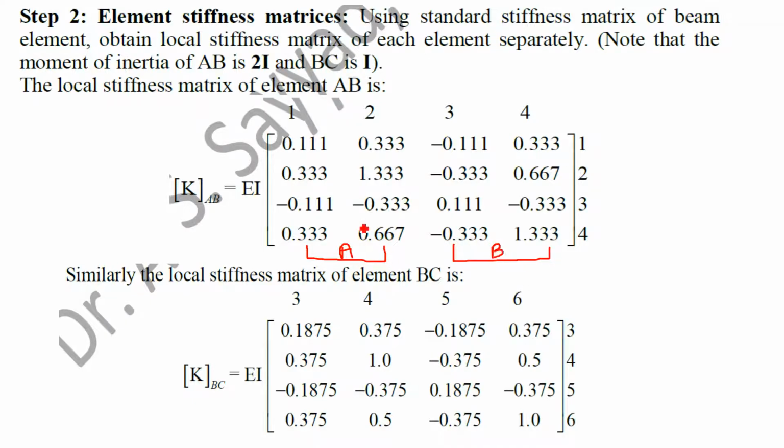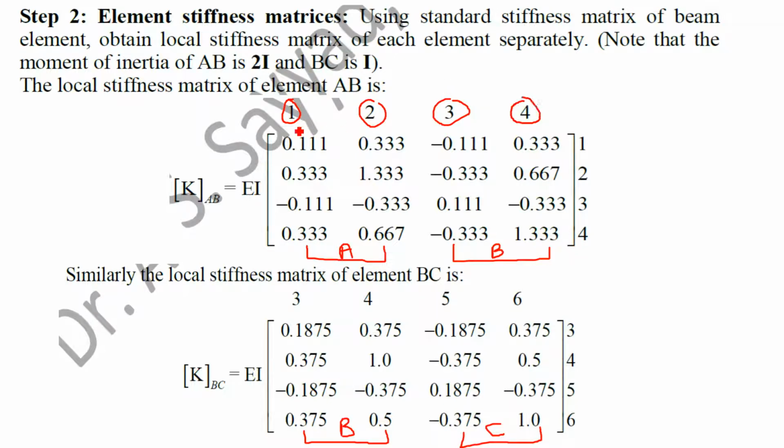For AB member, the left joint is A and the right joint is B. Similarly, for BC member, left joint is B and right joint is C. So the first two columns of the AB stiffness matrix correspond to unknowns of A, those are 1 and 2, and the remaining two columns correspond to degrees of freedom at B, those are 3 and 4.